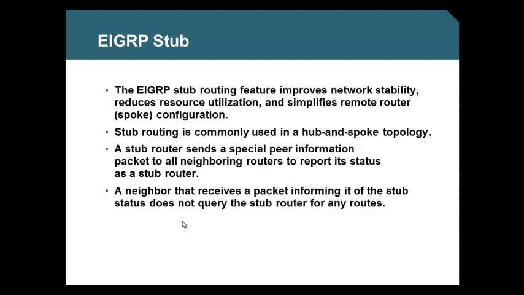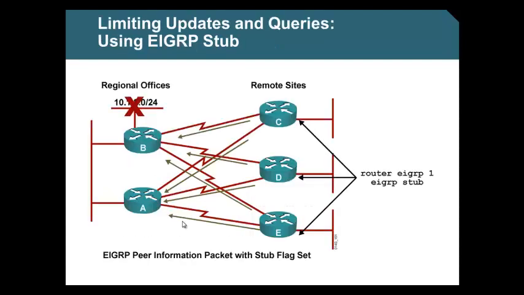When you don't configure stub, what happens is this B router will query everyone, but everyone is not in a position to respond to the query.